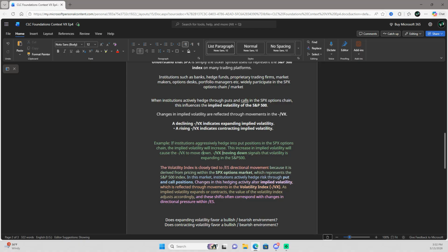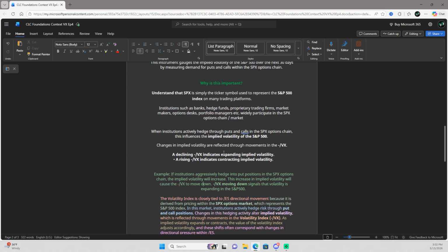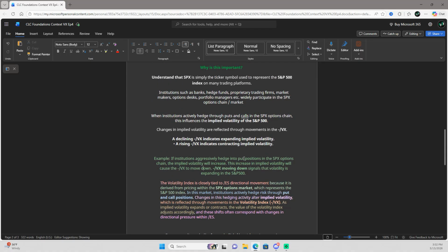Just to gain more perspective on what we're talking about here, let's say Goldman Sachs is aggressively hedging into put positions in the SPX options chain for whatever reason, maybe for insurance, maybe because they actually want to get active in a short position.